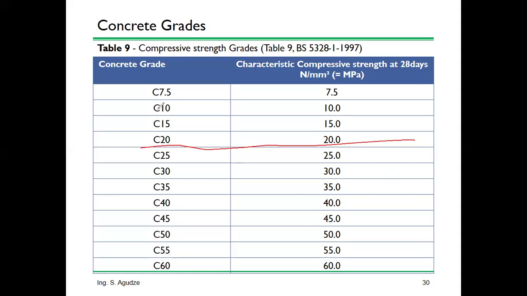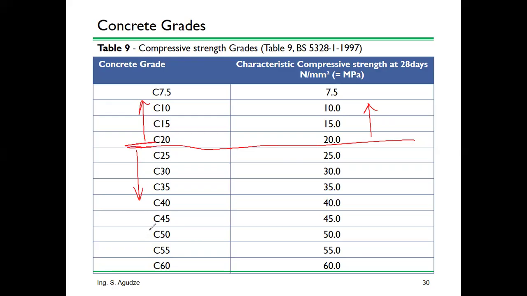And the value after the C means the actual value of the compressive strength in megapascal or Newton per millimeter square. So anything above this line is not for structural use. Usually, anything above here is not for reinforced concrete. Reinforced concrete starts from C25 down.